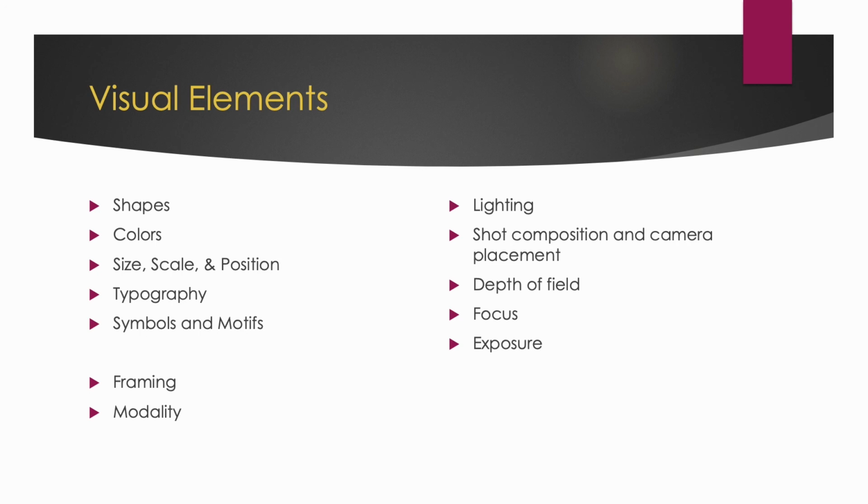In addition to that, you're also going to be looking at lighting, how the shots are composed, where the camera needs to be placed, depth of field, and what is in focus and what is not, and how's the overall exposure. Is it very bright? Is it very dark? We're not really going to talk about those individual things, but I want you to be thinking about all of these as you continue through this course.